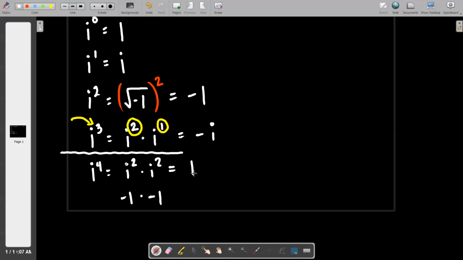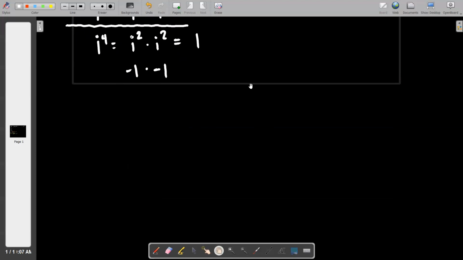So think about this next one, i to the fifth. I would take multiple answers, but the only one that I would write down on the board if I said, how should we break it, would be what? I don't want 3 and 2 because i to the third is an awkward one. Do better.